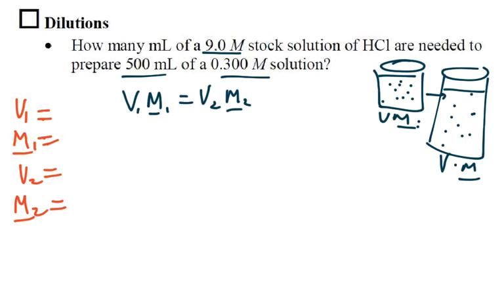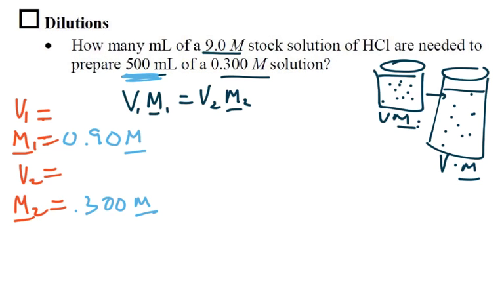So let's go back. I have a 9.0 molar solution. That's my stock solution. And I also have 0.3 molar solution after I've diluted it. Okay, so how many milliliters of 9.0 molar stock solution are needed to prepare 500 milliliters of 0.3 molar? And so I have to figure out, well, that 500 milliliters, does that go with the 9.0 or the 0.3?